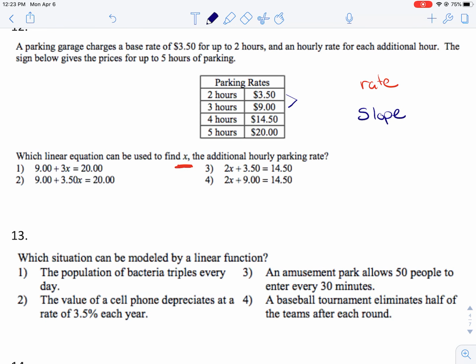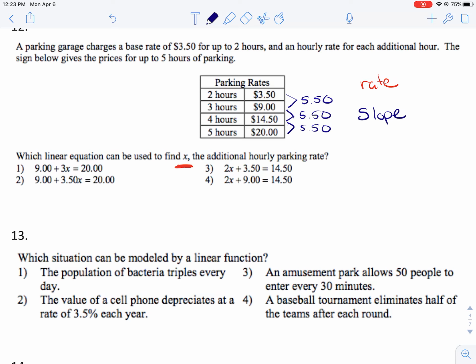So let's make sure that it is linear. After 2 hours, it looks like it increased by $5.50.